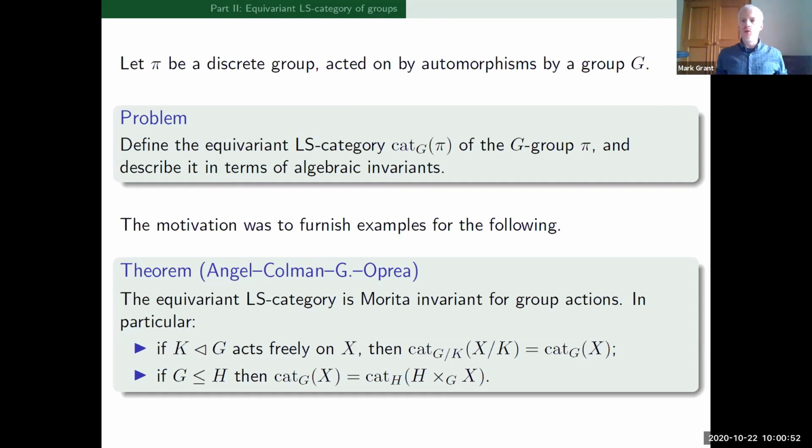So I was hoping that by looking at equivariant category of groups, we could obtain more example calculations where this could be used to calculate some new equivariant categories.